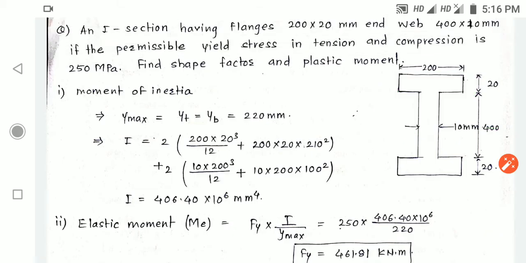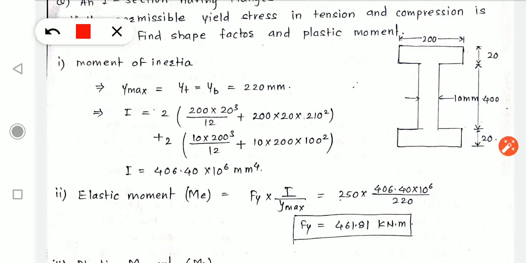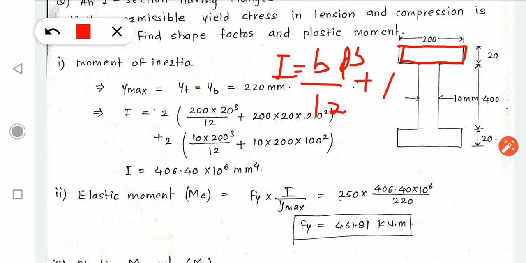See over here. For the first section, for the rectangular section, I will be bd cube by 12 plus area into h square.